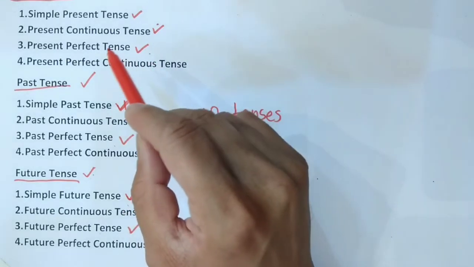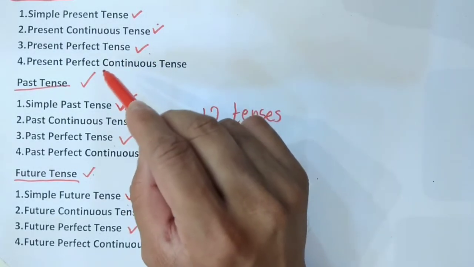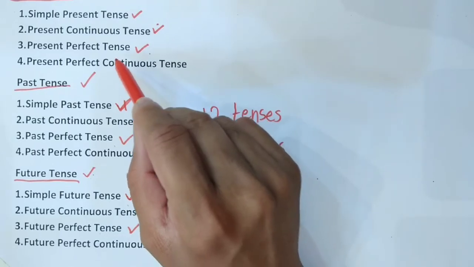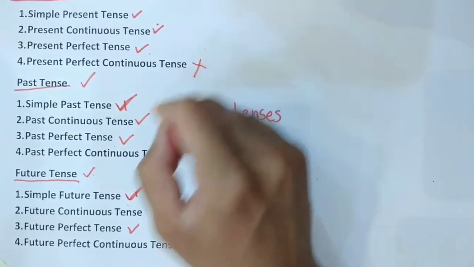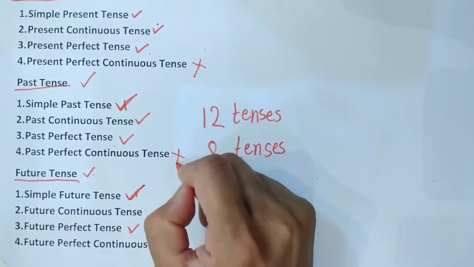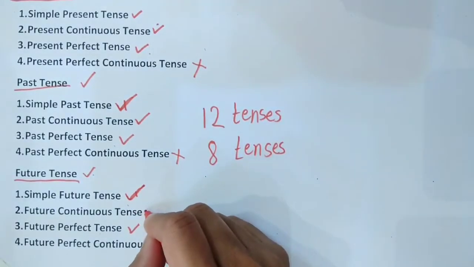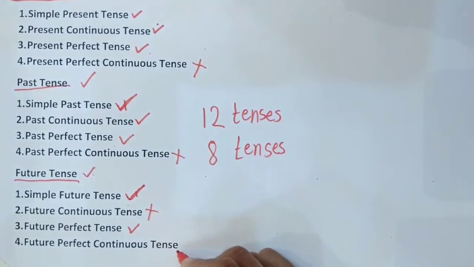The rest of the 4 subtypes are present perfect continuous tense, past perfect continuous tense, future continuous tense, and future perfect continuous tense.